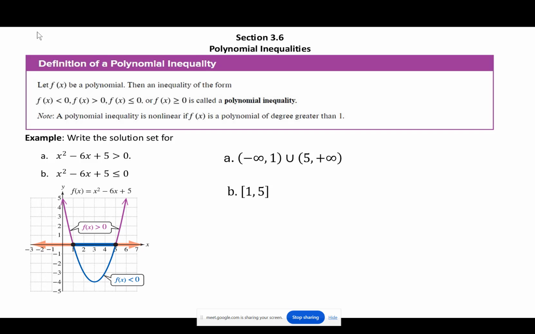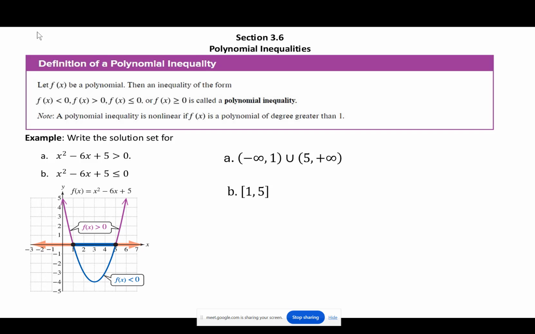So write the solution set for each of these polynomial inequalities. I'm showing you the graph here of x squared minus 6x plus 5 equals 0. That is a parabola, obviously. And what we're going to do is look at the different intervals to see when the value of the graph is greater than 0, and when it's less than 0.